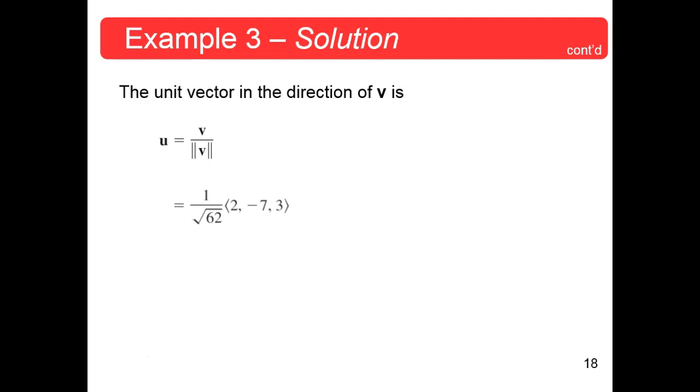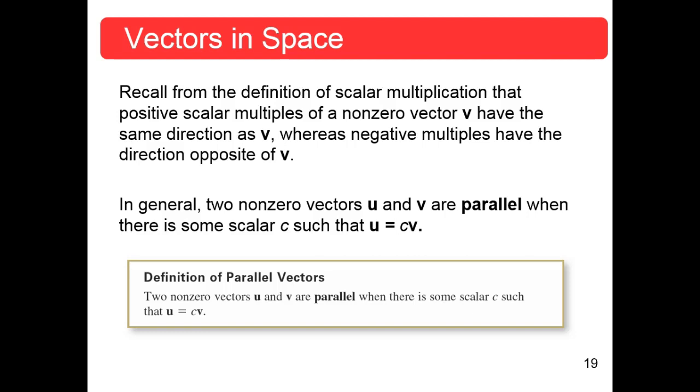But I think they then turn around and write it like this too: the vector 2 over root 62, negative 7 over root 62, 3 over root 62. That gives it to you. Any questions? All right. That was example 3.